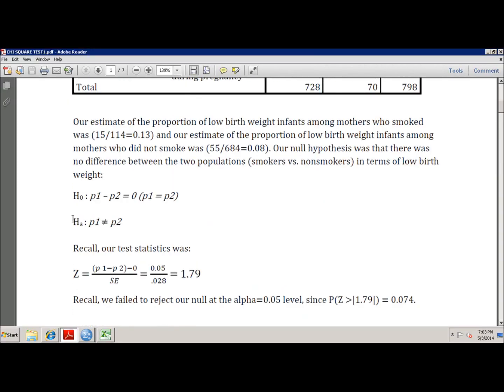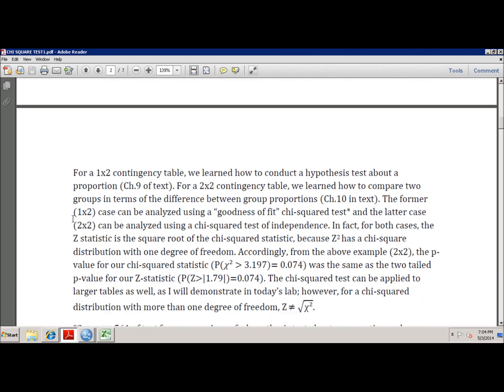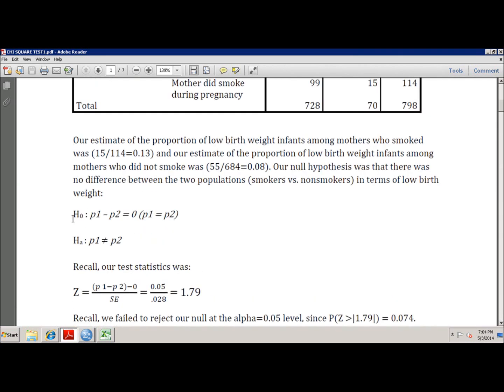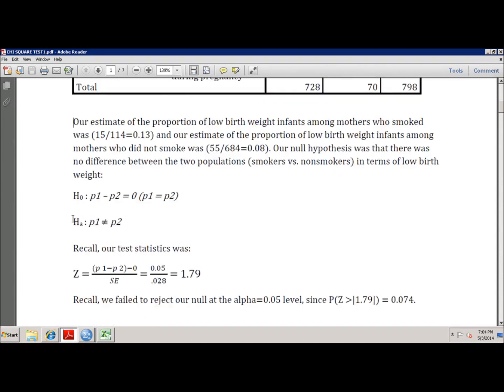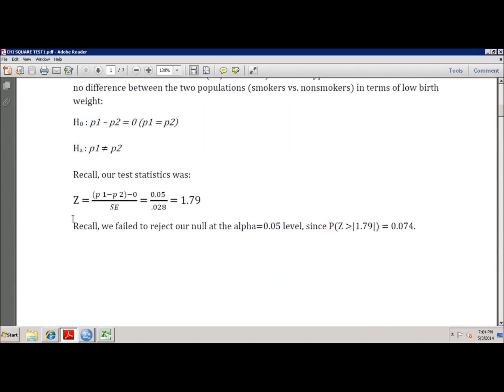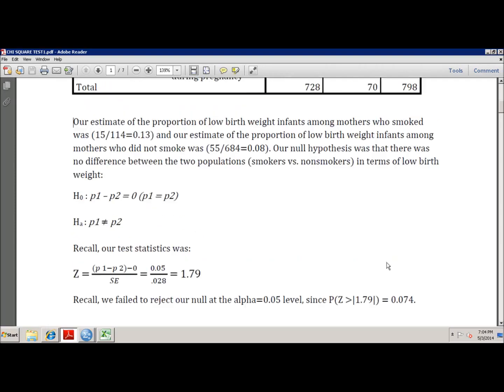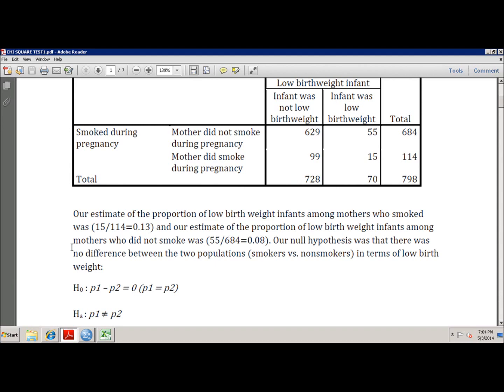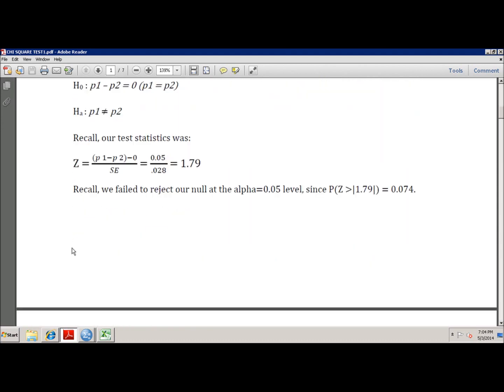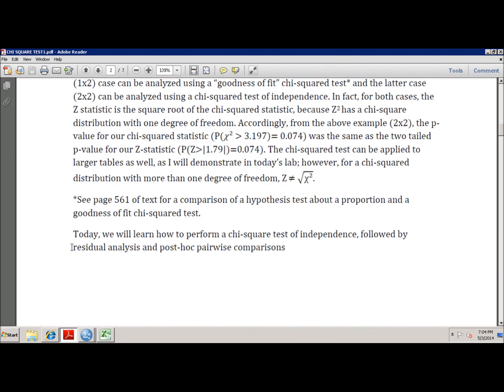We also saw how to conduct a chi-square test for a 2x2 table, and we saw that the results of a chi-square test and the test of proportions were equivalent. The p-values were exactly the same, and the same goes for the odds ratio results. For the 2x2 table, you'll have equivalent results.